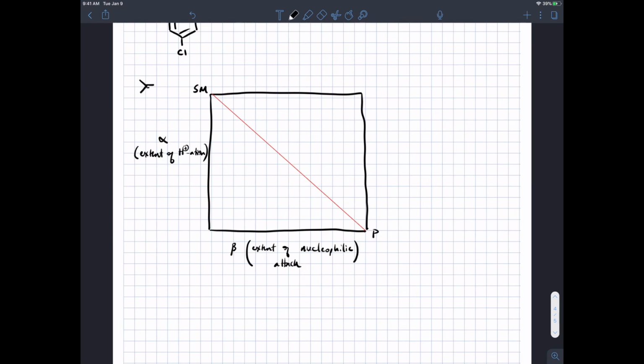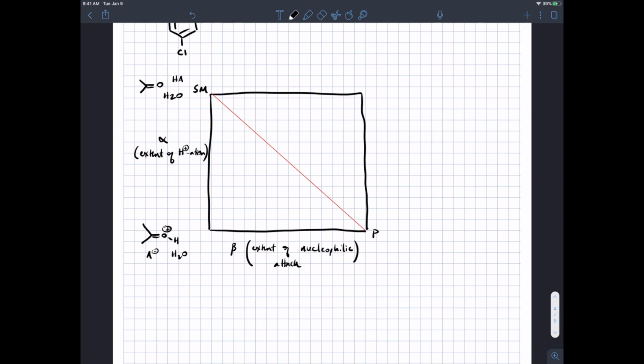So this would be our ketone, our acid, and water. If we don't move along the x-axis, but instead move along the y-axis, we would have complete proton transfer prior to nucleophilic attack. So you'd have your protonated oxonium ion and water.